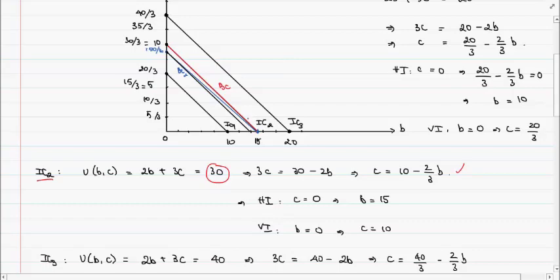Whenever the price of one good increases, the consumer will switch totally away from that good and spend all of the money on the other good. Before, the consumer was happy to consume anywhere on the budget constraint, but after the increase in the price of good C, they switch totally away from good C and only buy good B. So the new optimal bundle after the price change is B equal to 15 and C equal to 0, because the consumer doesn't want to consume any C anymore.